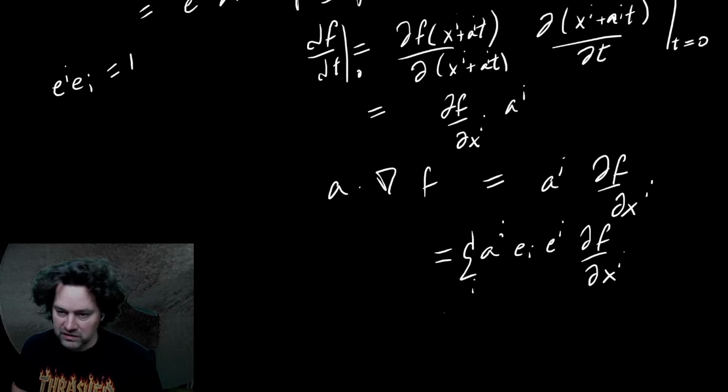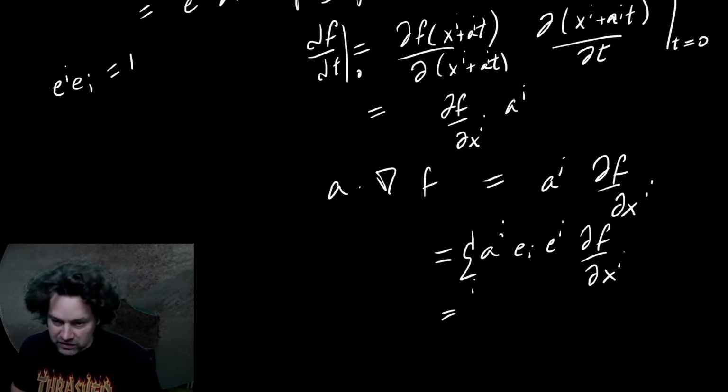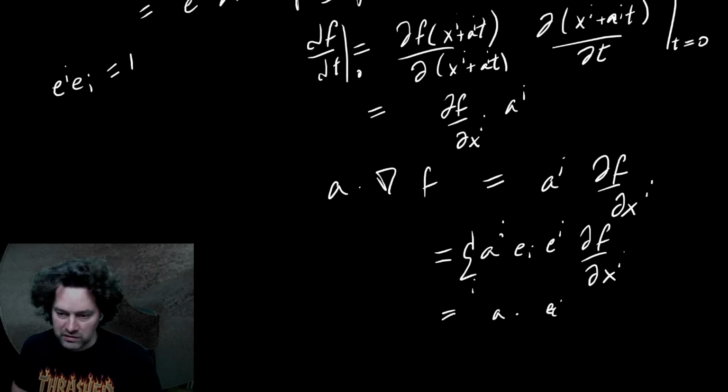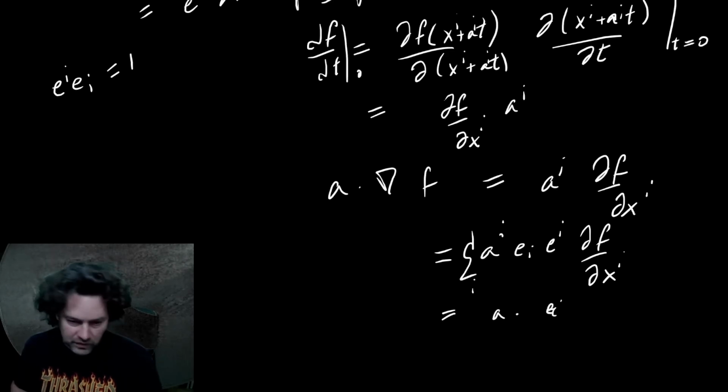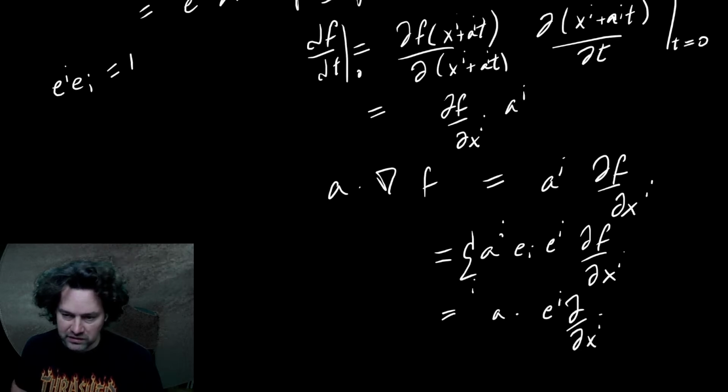So given that, we can now factor this out as a dot product of a dotted with e upper i d dxi applied to f.